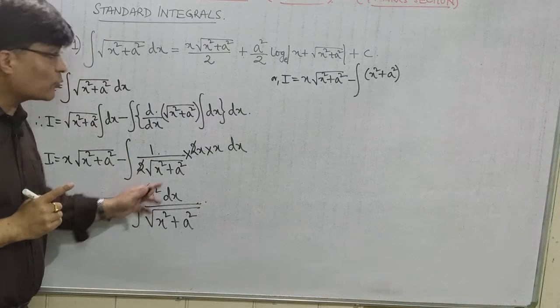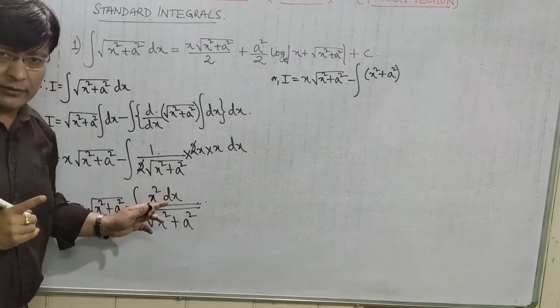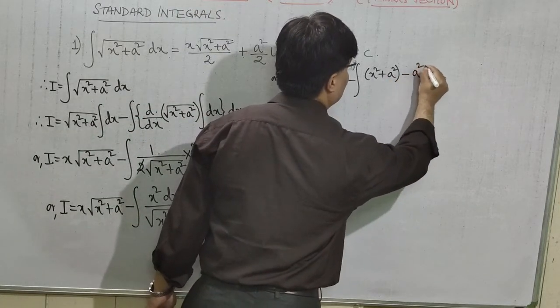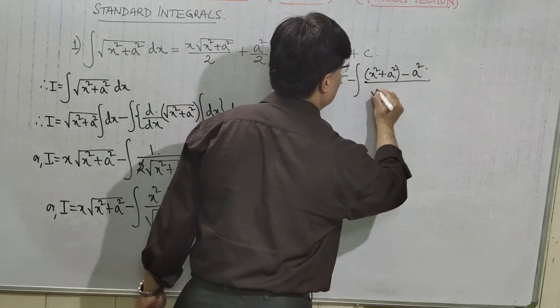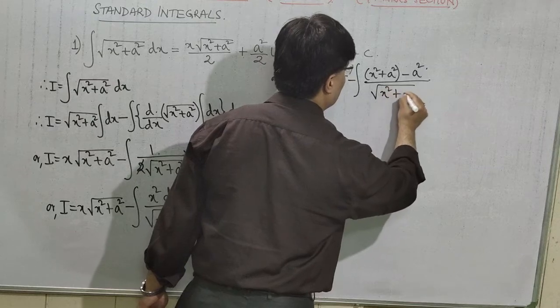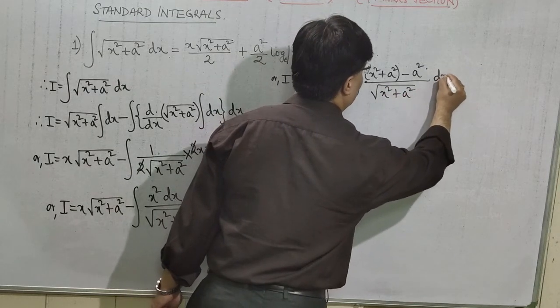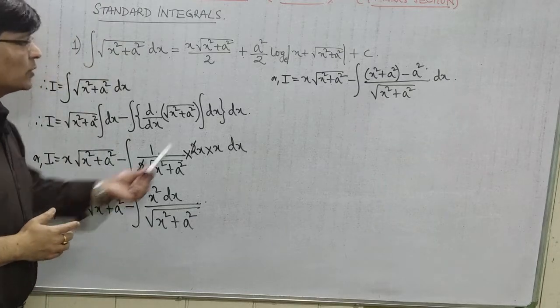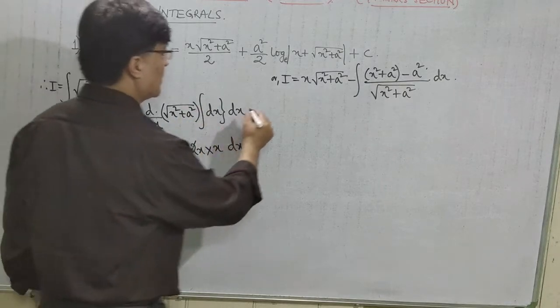So we have got x square, but there is no a square here. You have to cancel it. So what do we write? Minus a square divided by root over x square plus a square, then dx. Is that clear? So now we can separate the terms here.